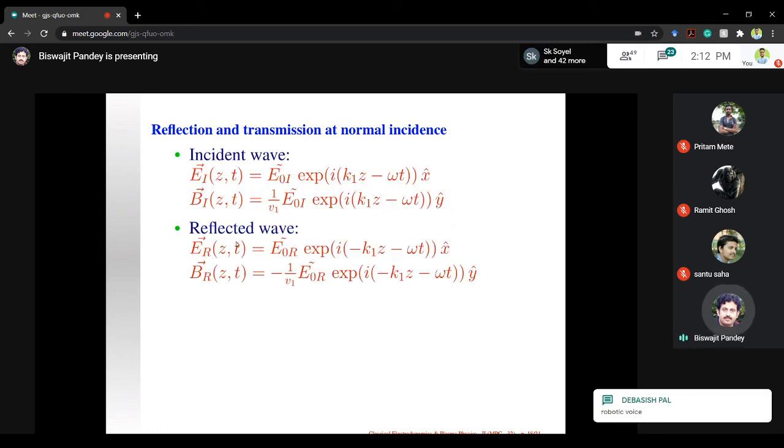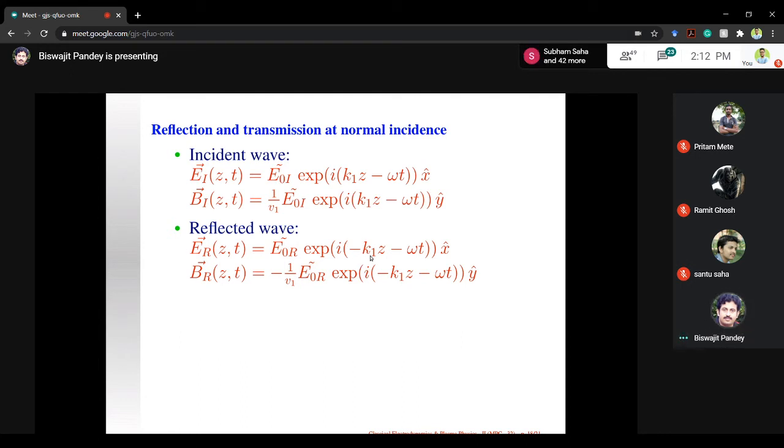E_R you can write in the same way. E0R is the complex amplitude of the reflected wave, and since the wave is propagating in the minus z direction, not the plus z direction, that's why it is minus K1, because K1 cap was z cap. So now the wave is propagating along minus z cap, so that's why there is a minus sign over there.